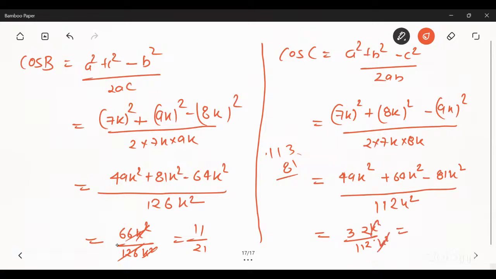Now this will be cancelled by 16: 16 twos are 32, 16 sevens are 112. So you will get the value 2 upon 7.